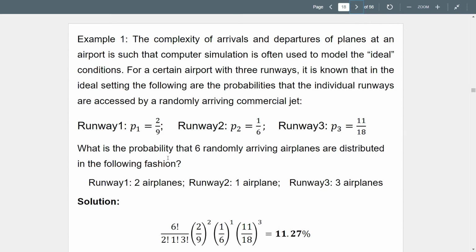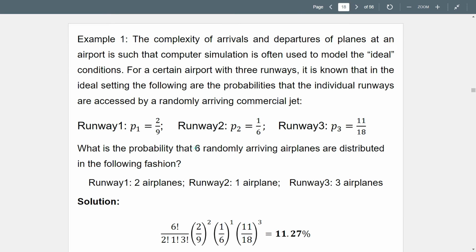So what is the probability that 6 randomly arriving airplanes are distributed in the following fashion: 2 airplanes in runway 1, 1 airplane in runway 2, and 3 airplanes in runway 3? You'll notice here these are the x1, x2, and x3, and n, the number of trials, will be 6.